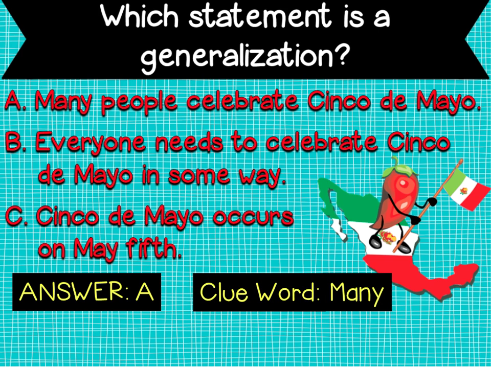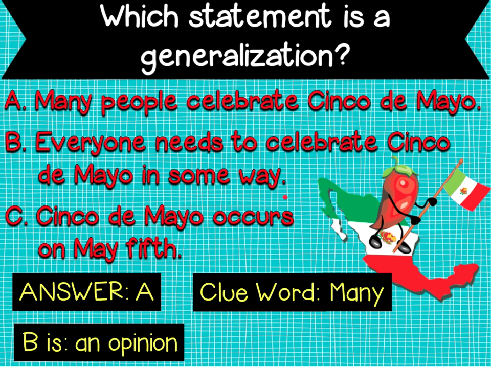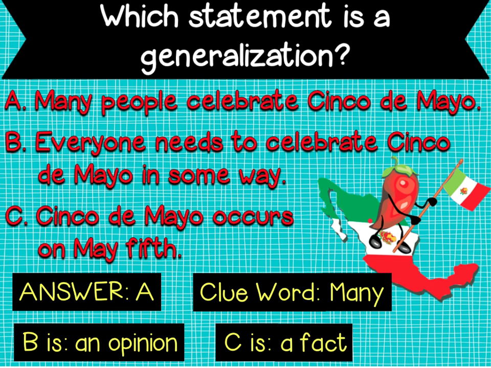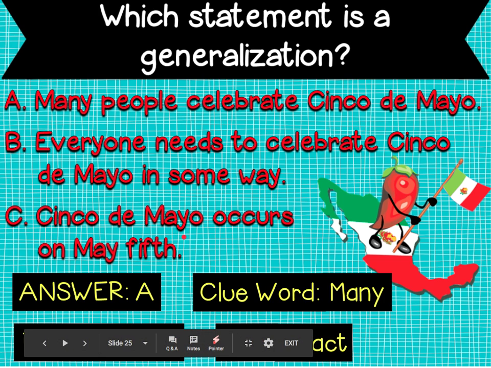Make sure that you're writing your keywords next to your circles as well. Everyone needs to celebrate Cinco de Mayo in some way is an opinion. This is talking about things that we should do or need to do. And Cinco de Mayo occurs on May 5th is a fact. Cinco de Mayo literally means the 5th of May.